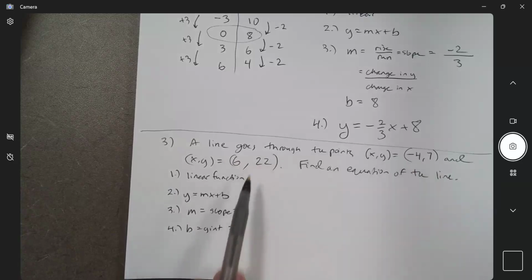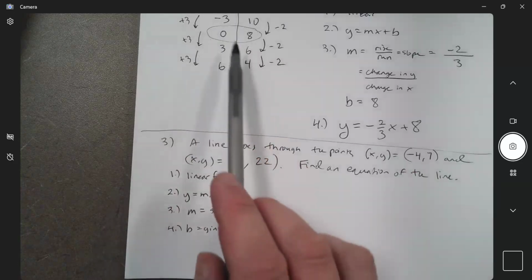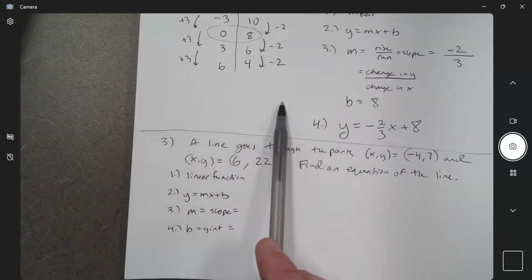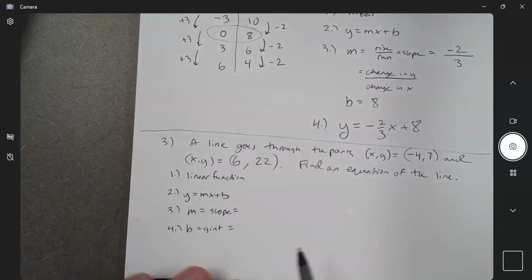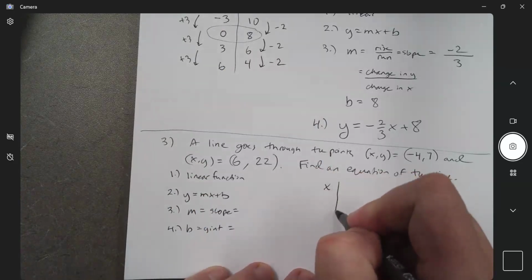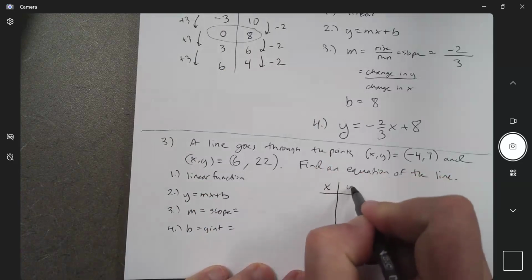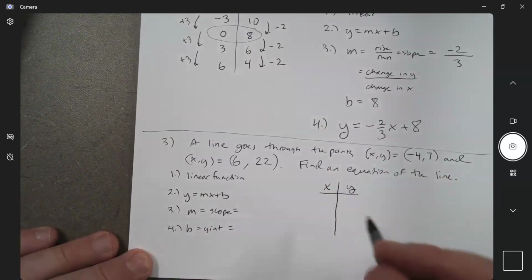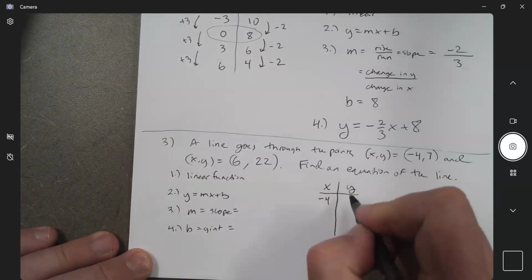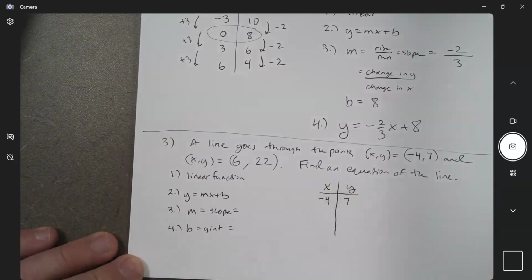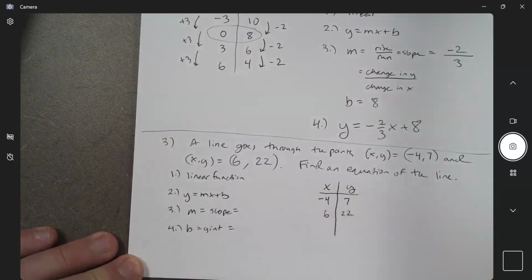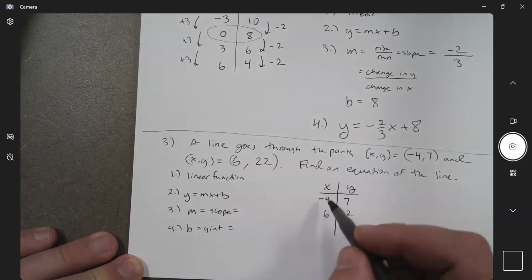And I don't have this nice table where I've got regular changes in x each time and regular changes in y each time, but I can still build a table. And it's still going to allow me to get at least the slope. Because if I put -4 here paired with 7, and 6 here paired with 22, I can still do this.